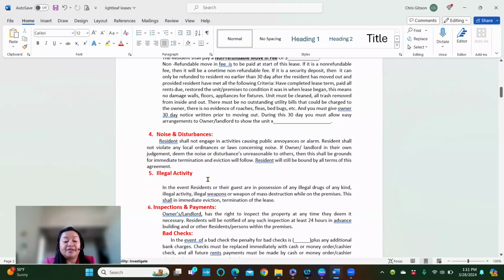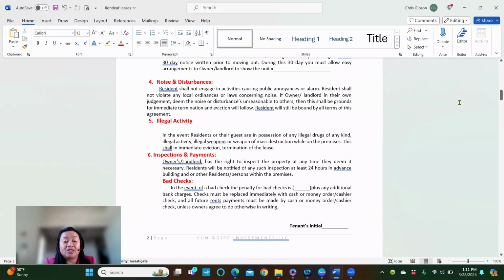Another thing is illegal activity, for example smoking weeds inside your property, so that's illegal. Also, an illegal weapon is not allowed on the premises.